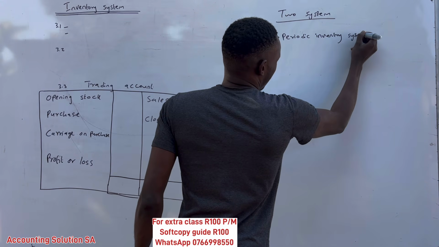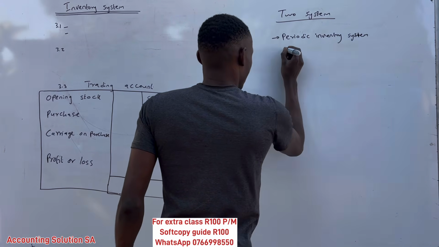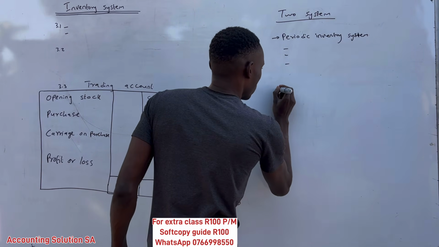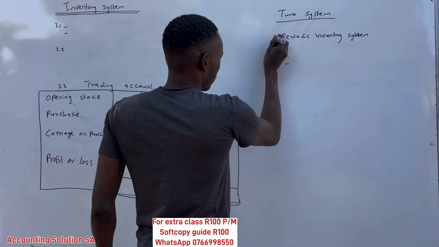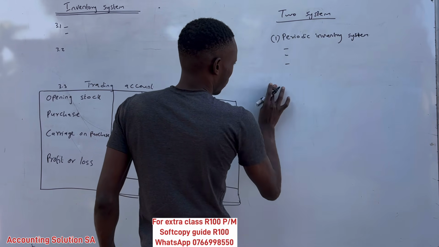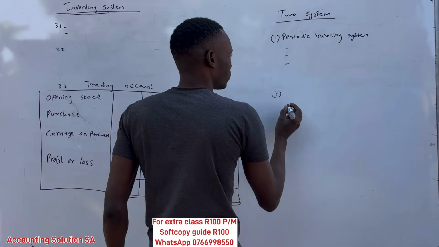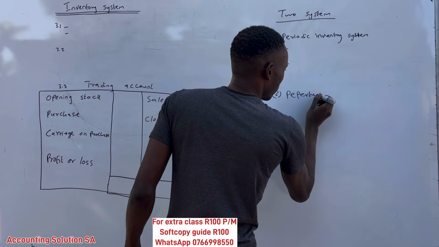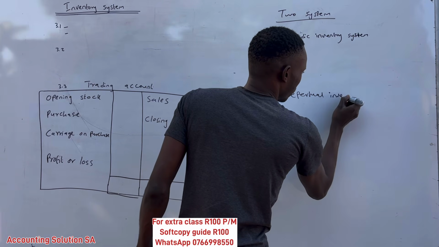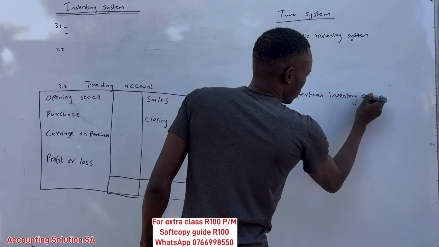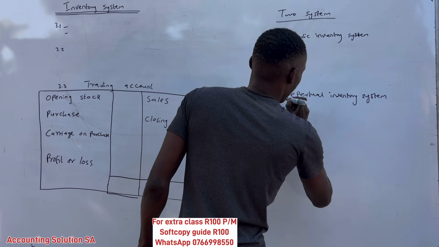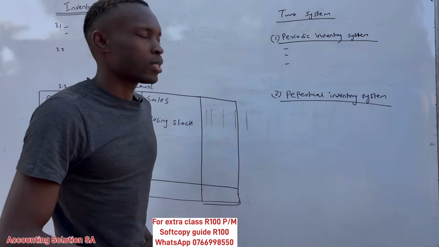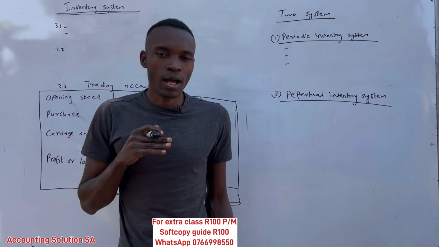Then number two is called the perpetual inventory system. These are the two inventory systems that you are going to deal with in accounting.